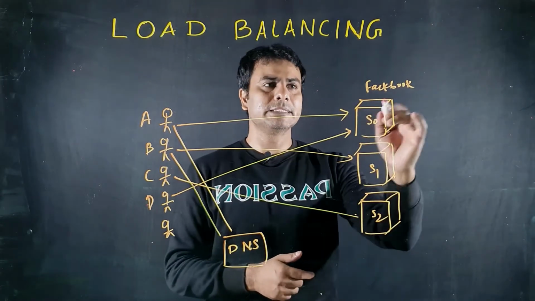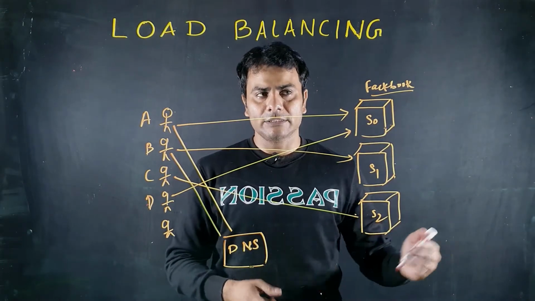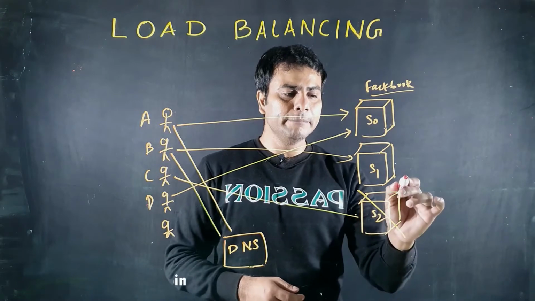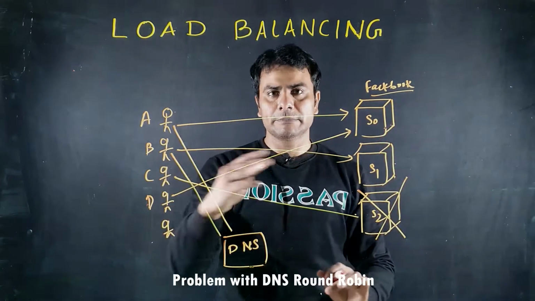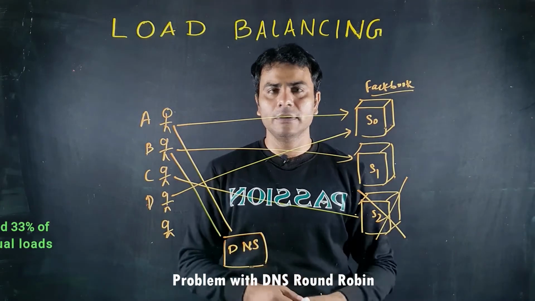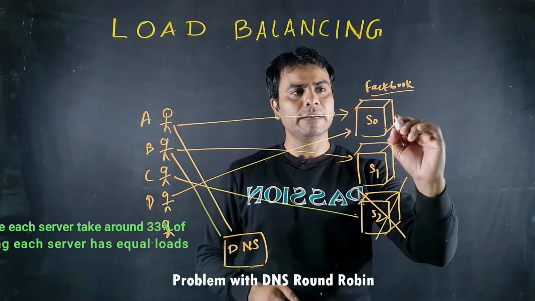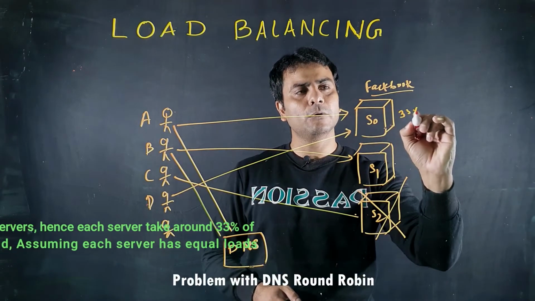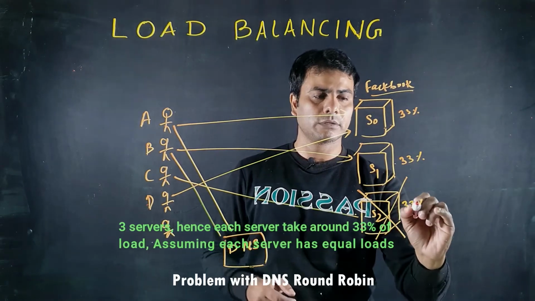But for an application like Facebook, where lots of servers are deployed in the backend, if any server fails, the system will not respond properly. Let us see how. Since this is a round robin algorithm, we are expecting 33% of the load on each server.